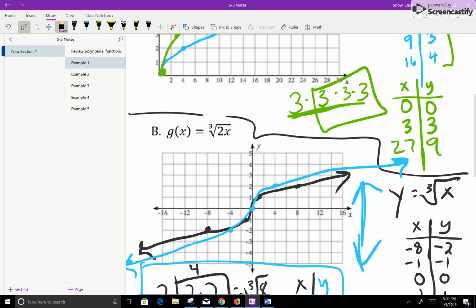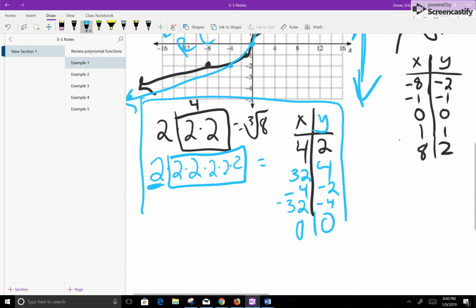You'll notice that for this function, though, our domain is negative infinity to positive infinity, and our range is also negative infinity to positive infinity. When you have an odd powered index, this is something you're going to want to write down.